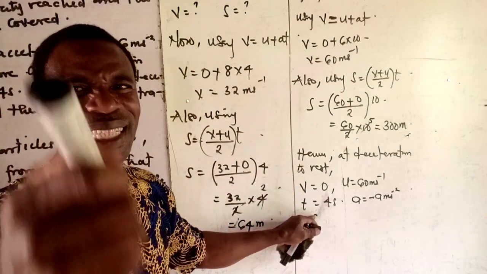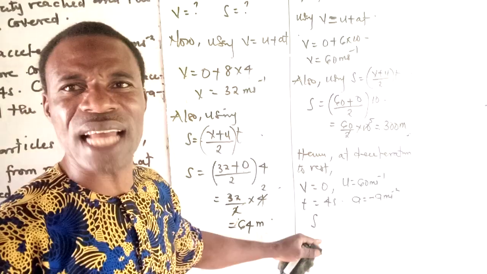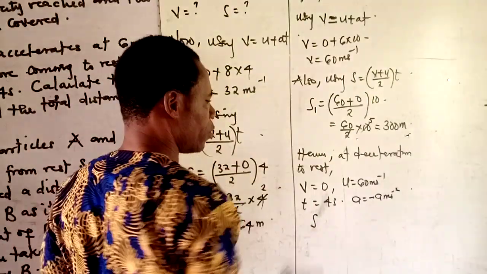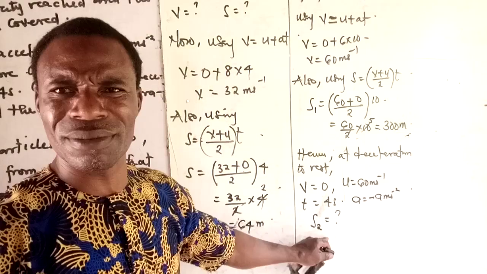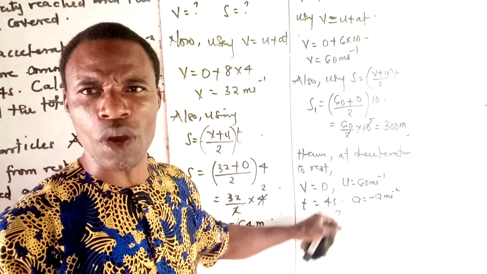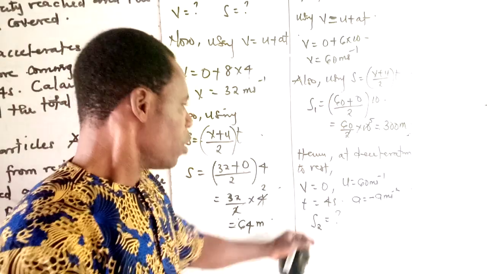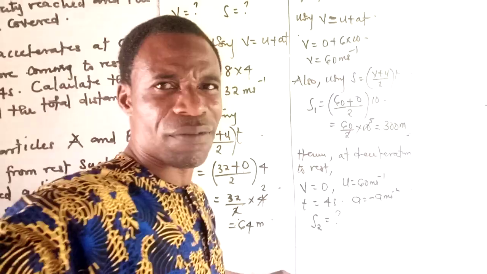But don't forget, the total distance covered will be total distance at acceleration and at deceleration. If we call this S1 and we call this S2, which is unknown, then total distance covered would be the summation of S1 and S2.